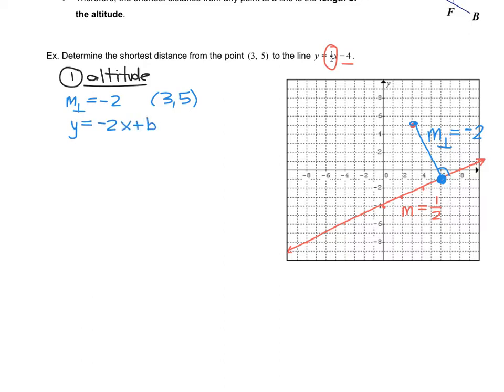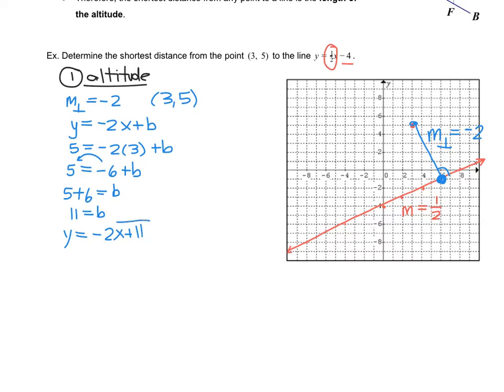Now we can plug in our point. 5 is y, x is 3, and now we clean up. -2 times 3 is -6. Let's bring the -6 over to the other side. It becomes positive. And then 5 plus 6 is 11. So there's my altitude. Y equals -2x plus 11.